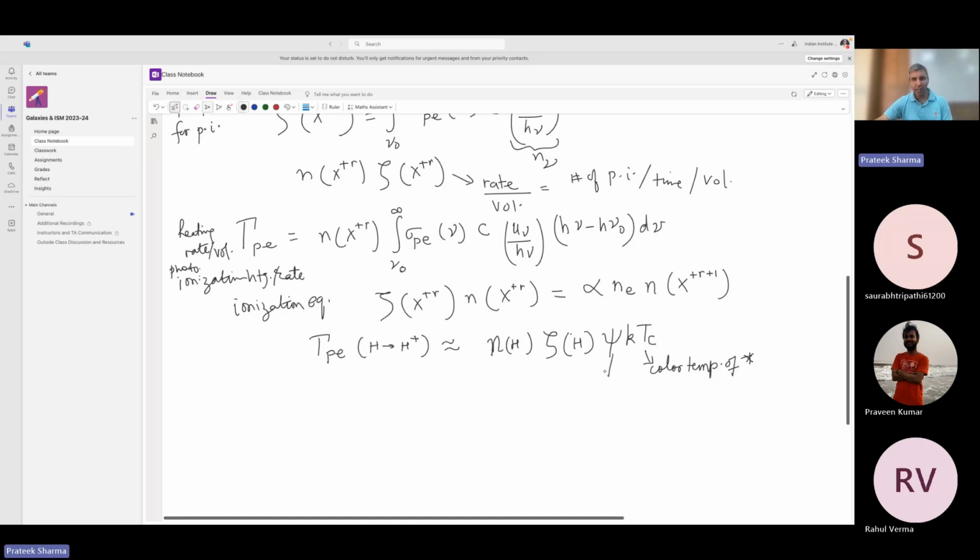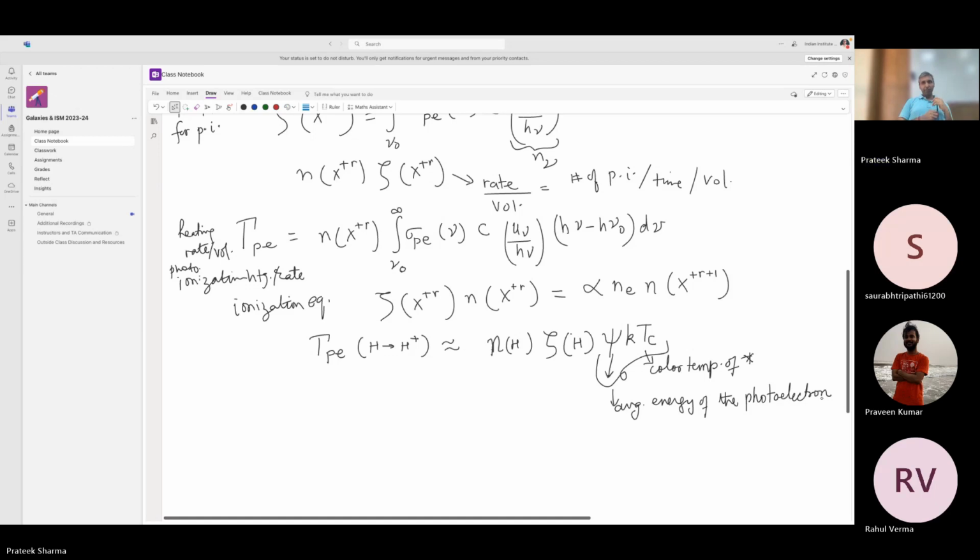This psi is a factor which defines the average energy of the photoelectron. So psi can depend on the stellar type of the star as well.